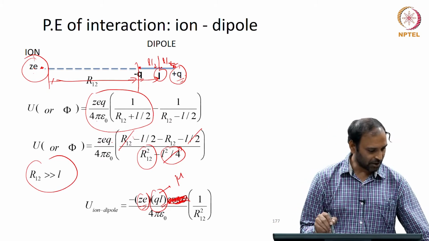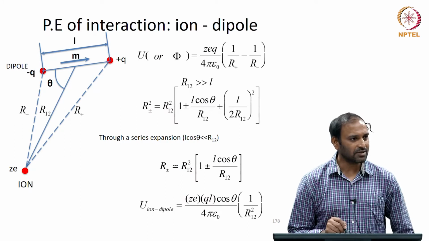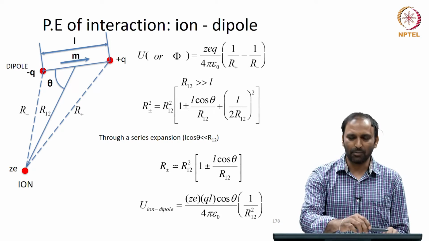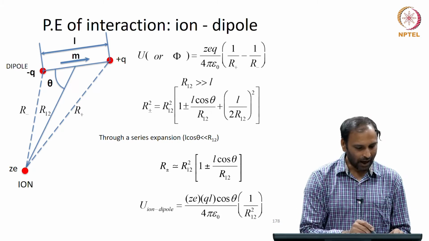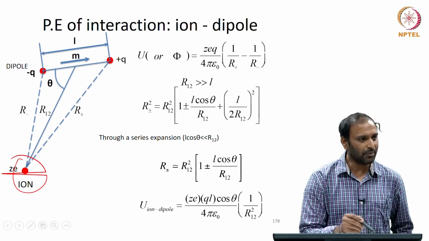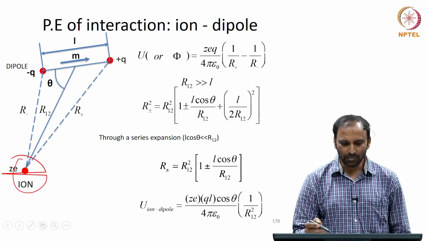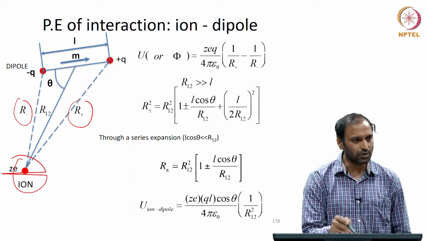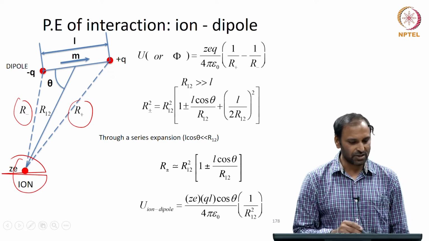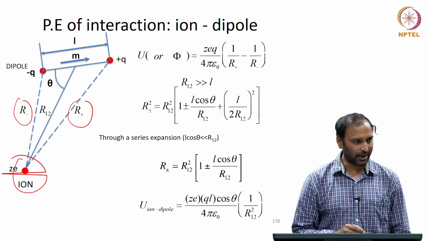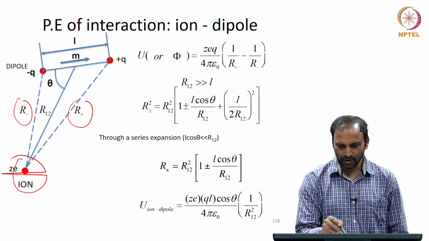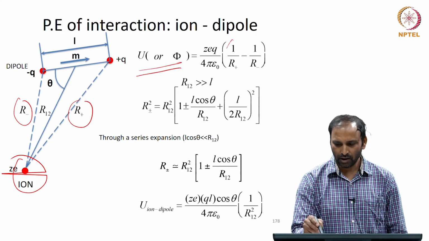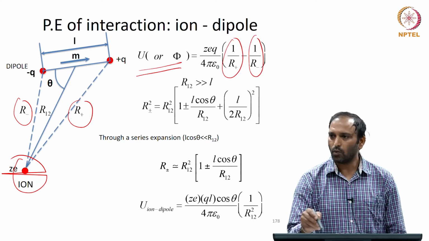Now, I can do a similar exercise for a case where it is an oriented dipole, where this dipole is oriented at a particular angle to the ion, then this theta becomes important. If R minus and R plus are the distances of these two charges which make up the dipole, I can write the total interaction energy as ZEQ divided by 4 pi epsilon naught into 1 over R plus minus 1 over R minus.